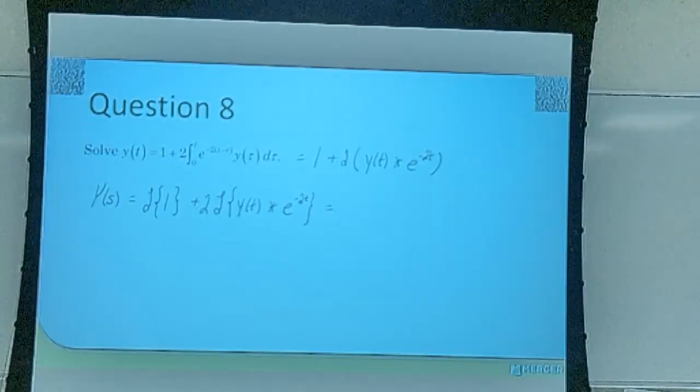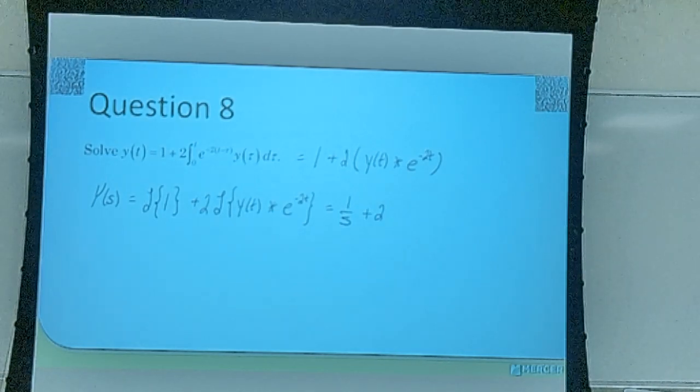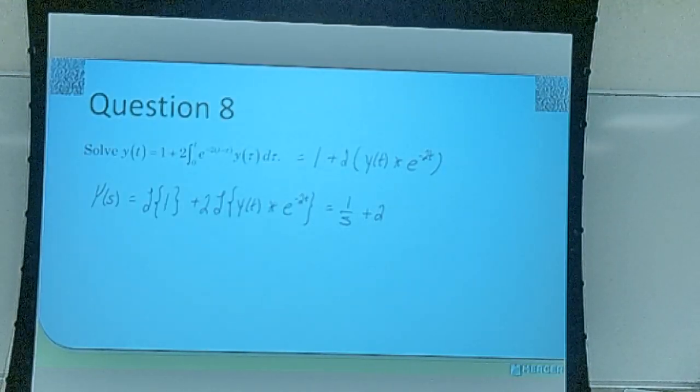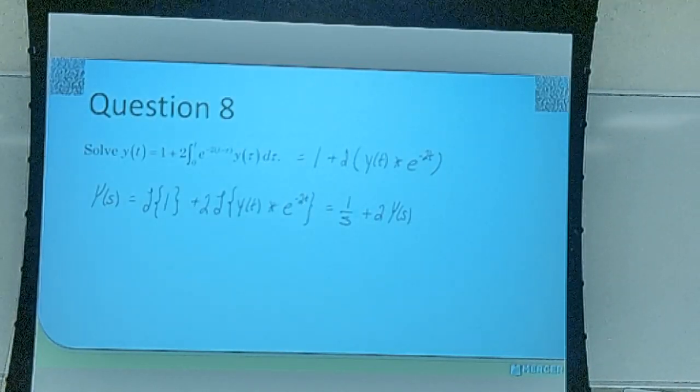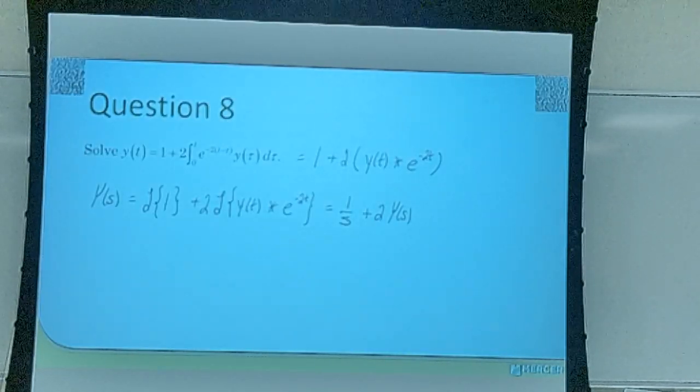What's the transform of 1? Transform of a convolution. The convolution theorem says, isn't that the product of the transforms? So what's the transform of y of t? That's just big Y, isn't it? Times, what's the transform of e to the negative 2t? 1 over s plus 2.